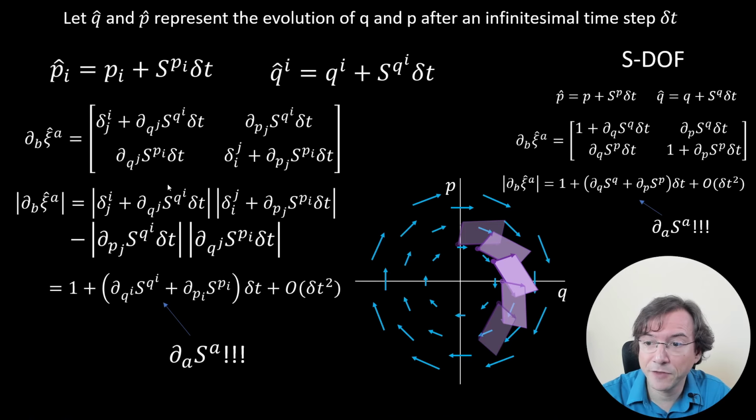Then we have the determinant of this multiplied by the determinant of this, which is 1, so just the determinant of this, which is basically the divergence along the Q, and the determinant of this other part is going to give us the divergence along the P. So this first order term is exactly the divergence of the field. The change in the Jacobian determinant is given to a first approximation by the divergence of the field.